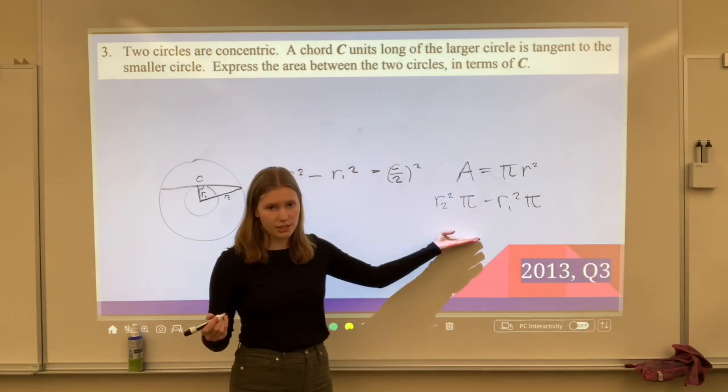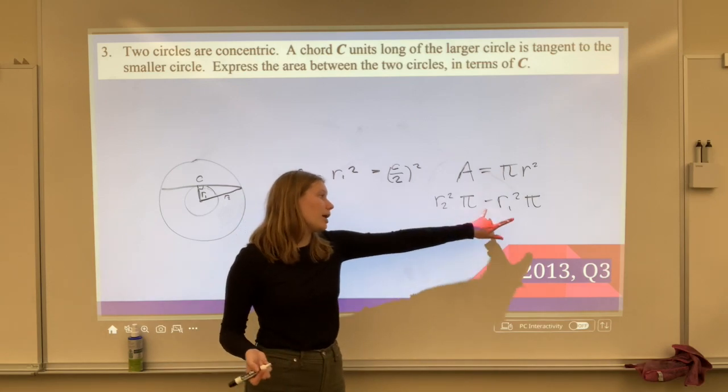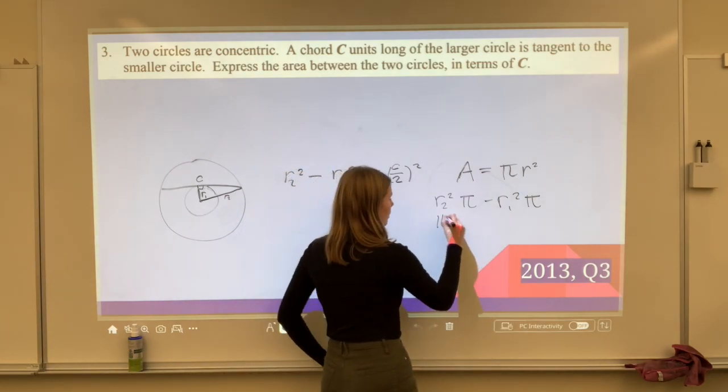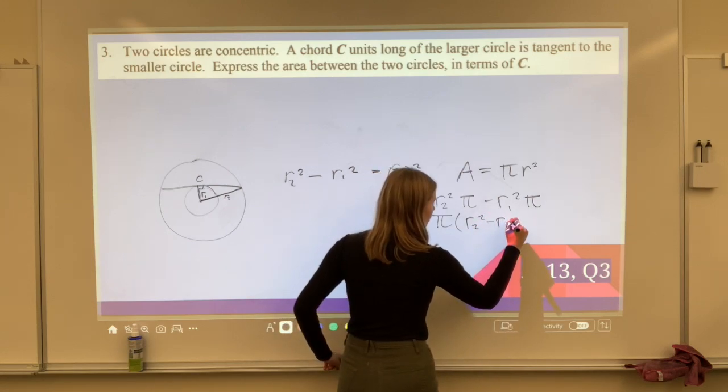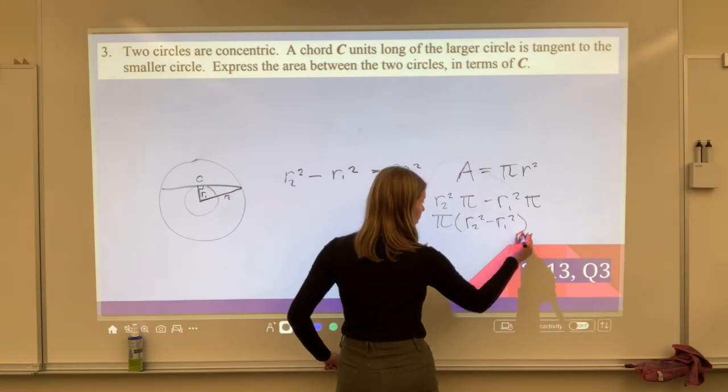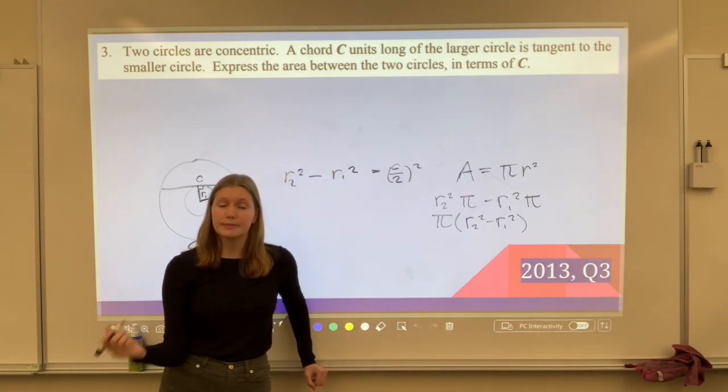That's equal to the difference of the areas. So now I'm going to take out pi and say R2 squared minus R1 squared, all multiplied by pi.